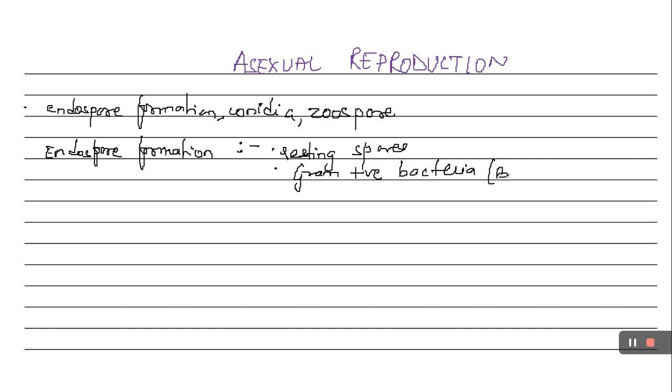Example, Bacillus, Staphylococcus, Streptococcus, Clostridium, etc. In which condition are these endospores formed? They are formed during unfavorable conditions, when the conditions are not favorable for bacterial growth. And where are they formed? They are formed within the cells.